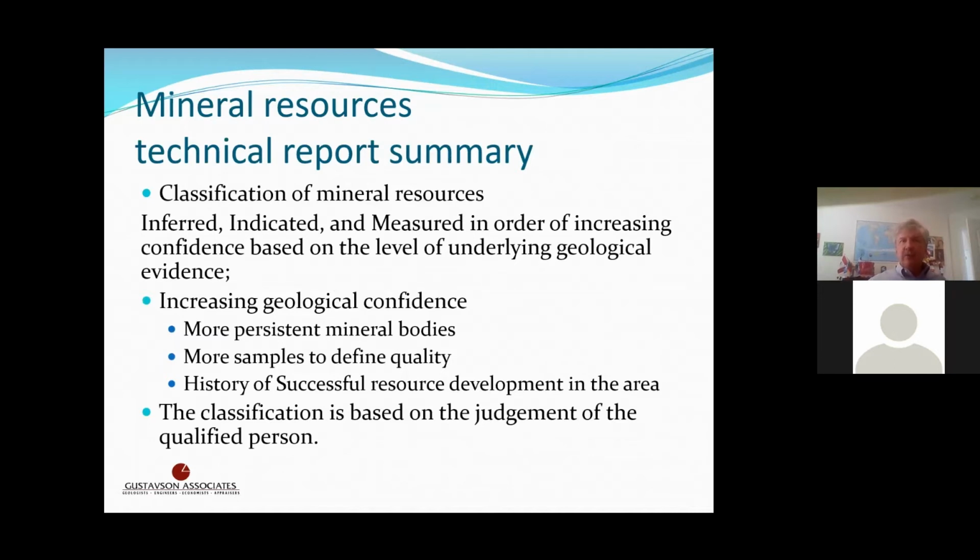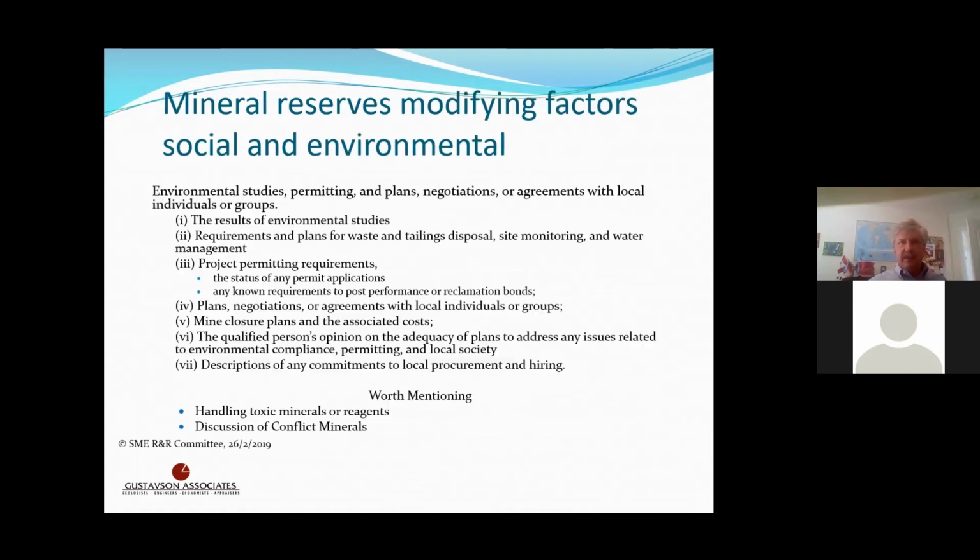It can be more persistent mineral bodies, more samples, or a history of successful resource development in the area that leads you to believe that this resource estimate is valid. In the classification, there are no numerical standards or statistical standards. The classification is based on the judgment of the qualified person, as in other CRIRSCO standards.